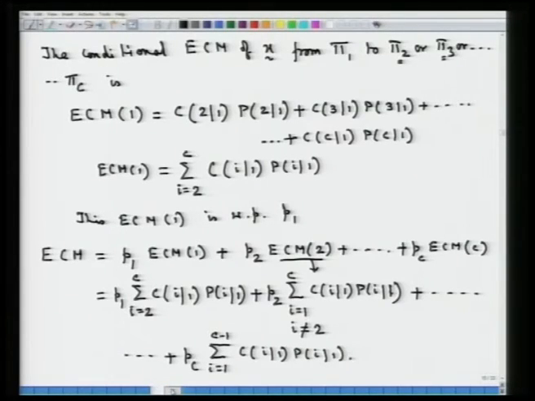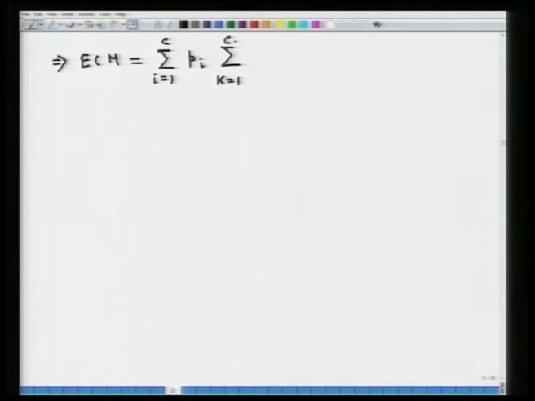So we can write this ECM under the present multi-class situation in the following compact form: this ECM is equal to the summation i equal to 1 up to c of p_i times the summation over k equal to 1 up to c, where k is not equal to i, of the expressions C(k|i) into P(k|i).